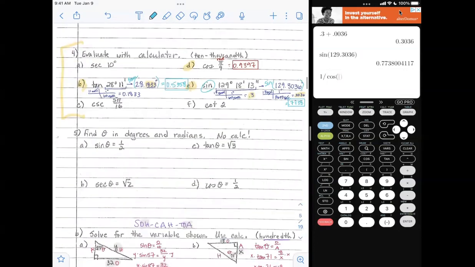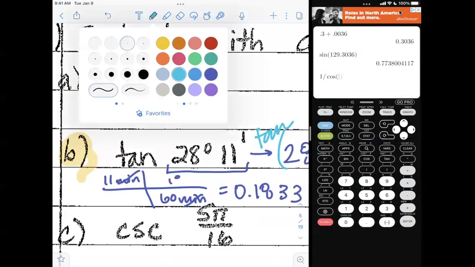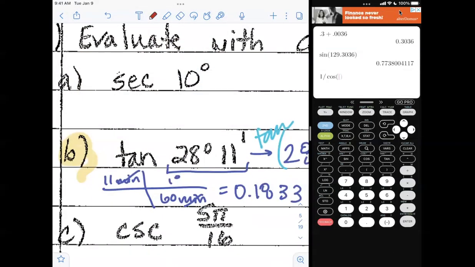So let me go back to the problems that we were looking at. So let's look at secant. So if I'm looking at secant, that's in degrees. And so that's why I'm writing in blue. I'm trying to color coordinate this. Secant is the reciprocal function of cosine. So secant is going to be 1 over cosine of 10 degrees. And so that's what we're going to put in our calculator. 1 divided by cosine of 10.